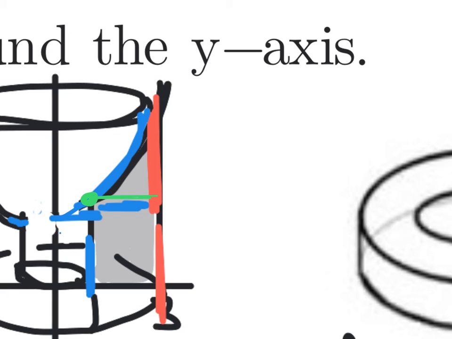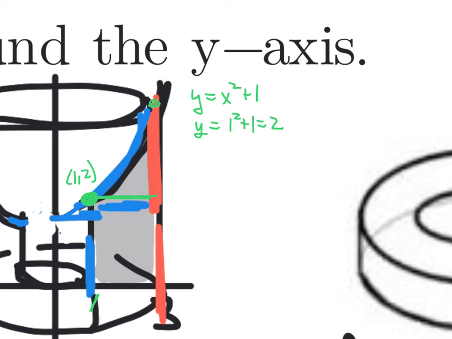But it does happen when the x-coordinate is 1. So I want to look at y equals x squared plus 1 when x is 1. So that'll be at 2. This is the point (1, 2).